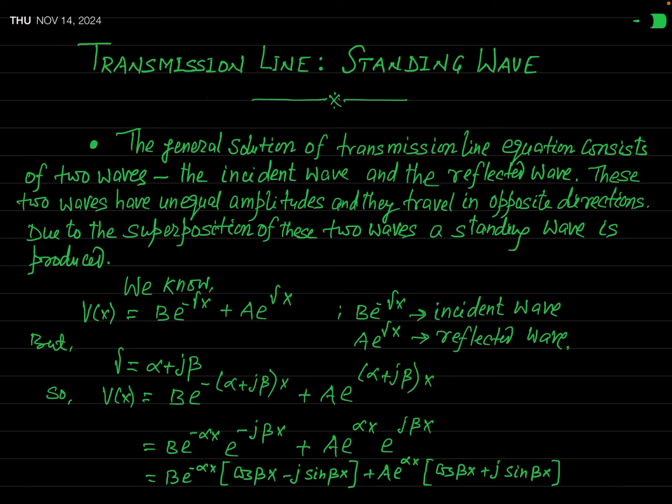Both are electromagnetic waves, and those are called the incident wave and the reflected wave. Incident and reflected waves move in opposite directions. So when in a transmission line there is a superposition of the incident wave and the reflected wave, a standing wave will be produced.